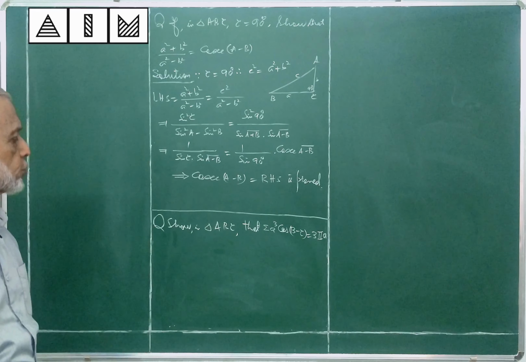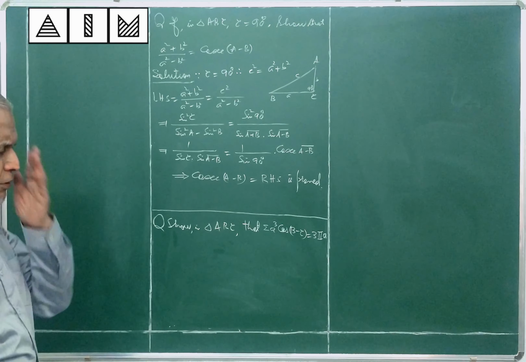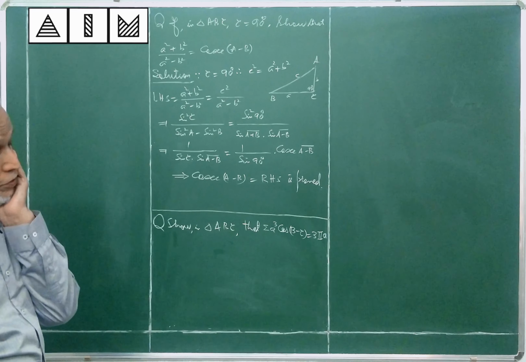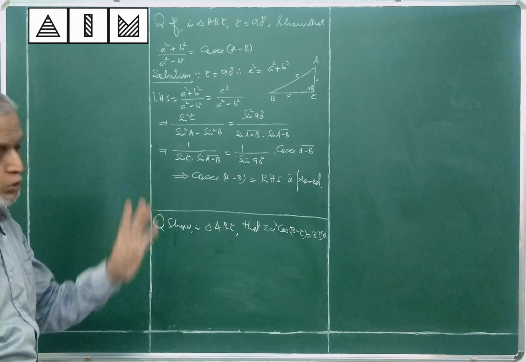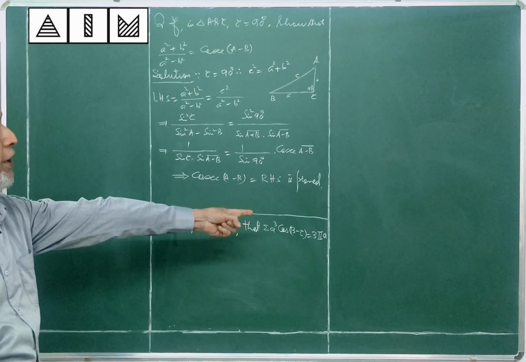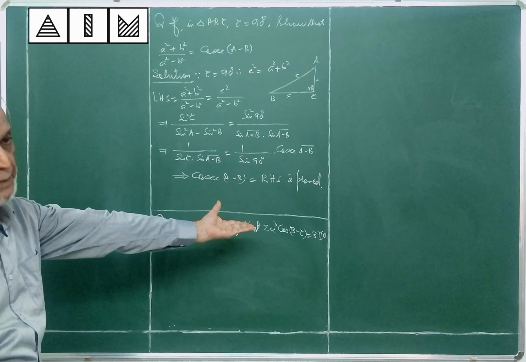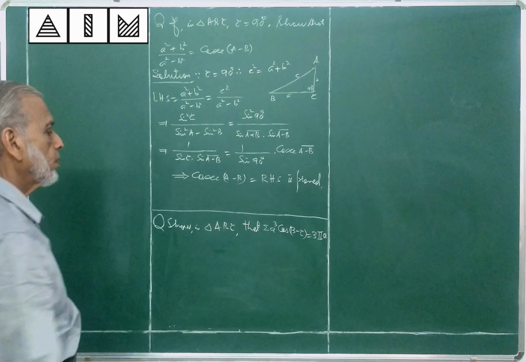Now watch another question, an important question, many times asked in many examinations. Show in triangle ABC that Σ a³ cos(B − C) is equal to 3abc. Let me begin.